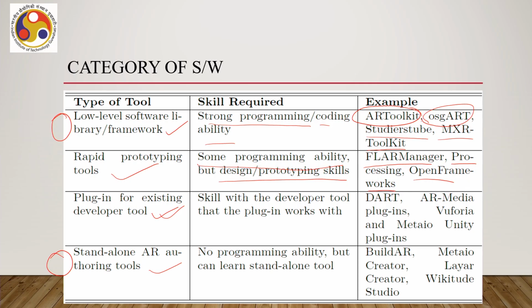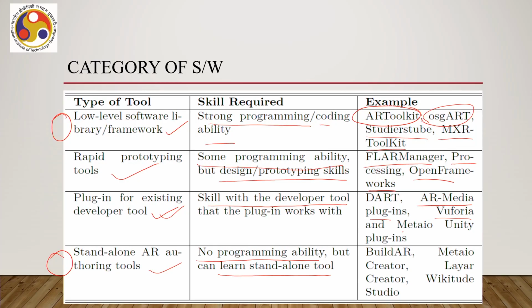Here the skill required will be the skill with the original tool with which the plugin is being used. So, the developer needs to know the original tool where the plugin is being used. And finally, standalone AR authoring tools. These do not assume any programming ability. So, without any knowledge, such tools can be used.